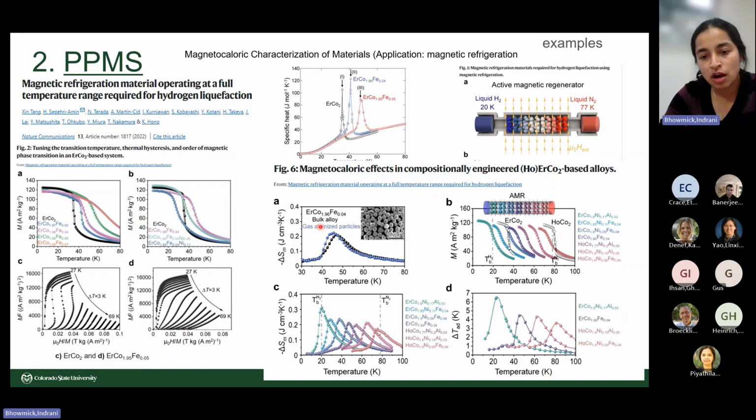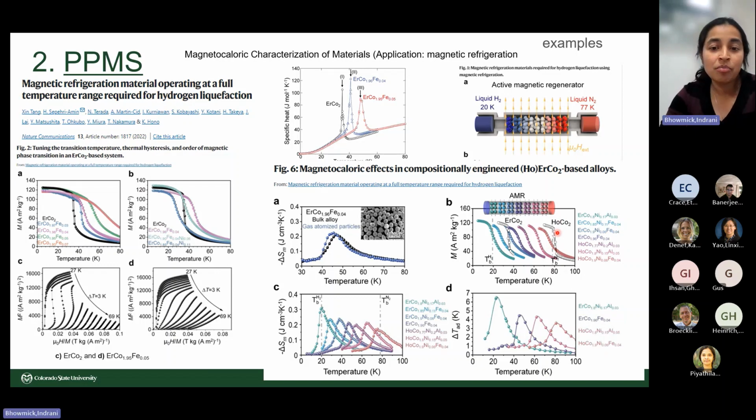After doing all these, they created this series of alloy, or they found some of the information from literature as well, and they then designed this device at the end, which mimics this actuator model. Instead of taking this hafnium cobalt or europium cobalt, they will use some alloy to make this device. They can reach that temperature.